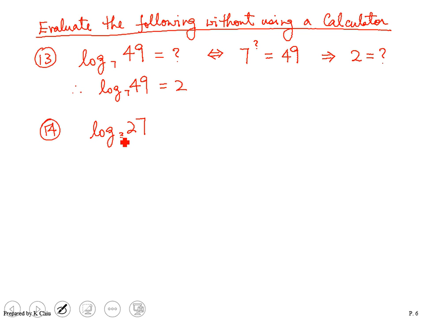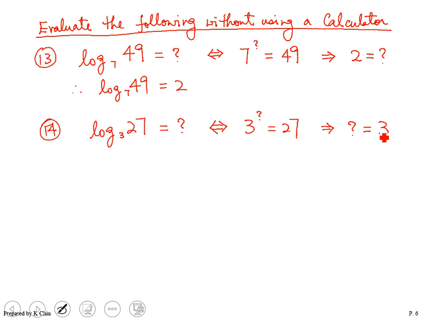I am thinking, hey, this may be equal to a question mark, right? Or you could let it be x. Let me convert it back into the exponential form. 3 to the what equals 27. This is what I am thinking of. So can we identify and tell me what the question mark is? The question mark would be 3, right?